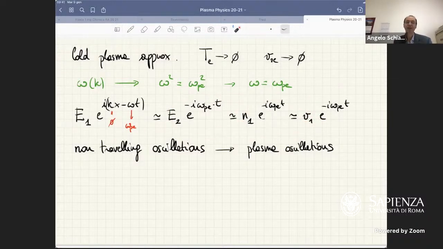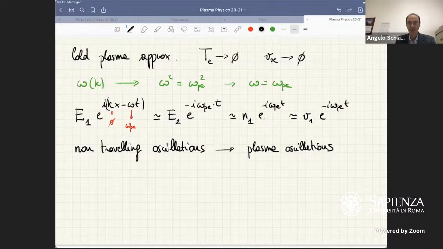As soon as the plasma gets hot, as soon as we relax this very strict condition and take into consideration the fact that there is thermal motion of the electrons, the localized plasma oscillations we studied at the beginning of the course become waves in plasma. So as soon as we take the temperature into consideration, we see that the plasma oscillation becomes a traveling wave.